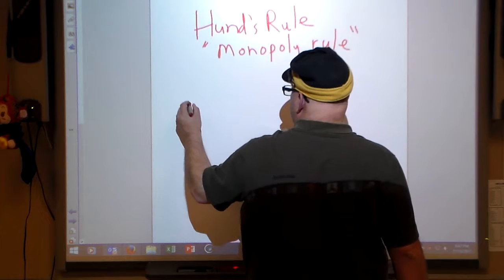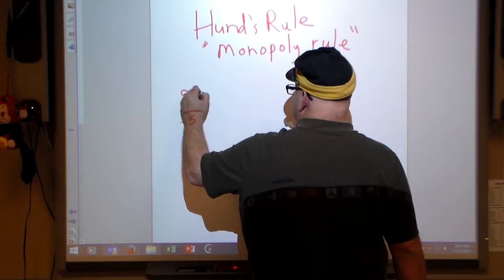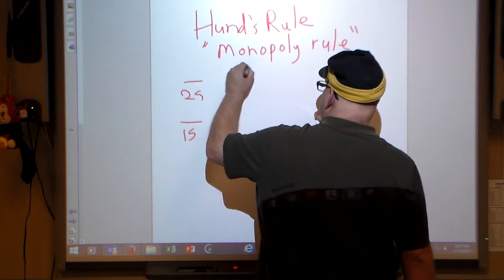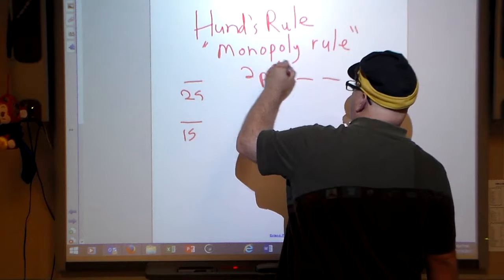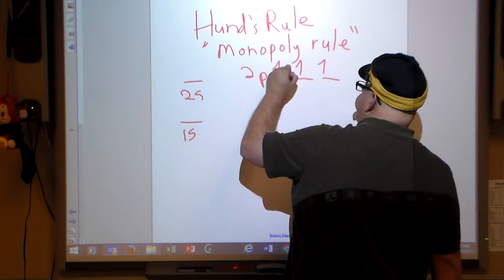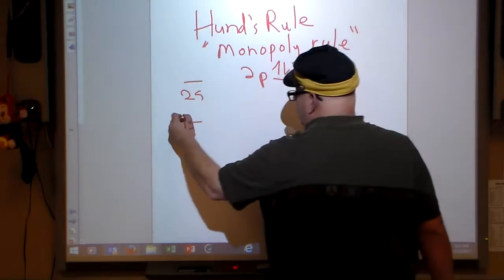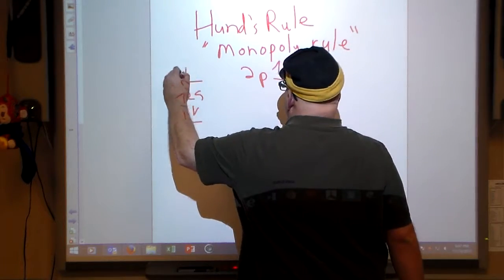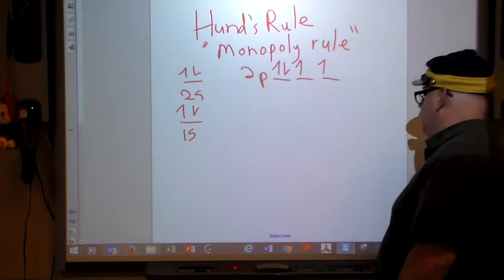Fairly simple. When you look at 1s, 2s, and here's 2p, the way it works, guys, you have to go 1, 2, 3, then go back and fill the 4. That's the monopoly rule. And let me fill in these here. This stuff is already in your notes. It shouldn't be a big deal.